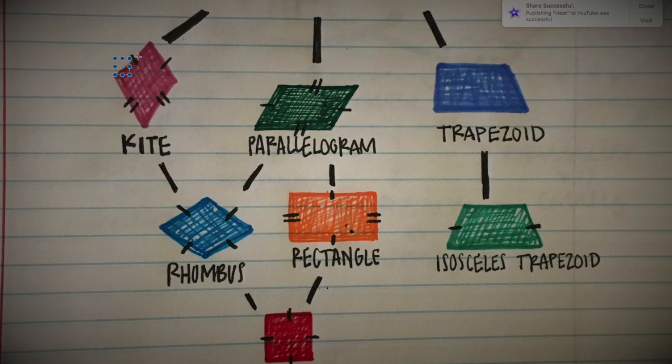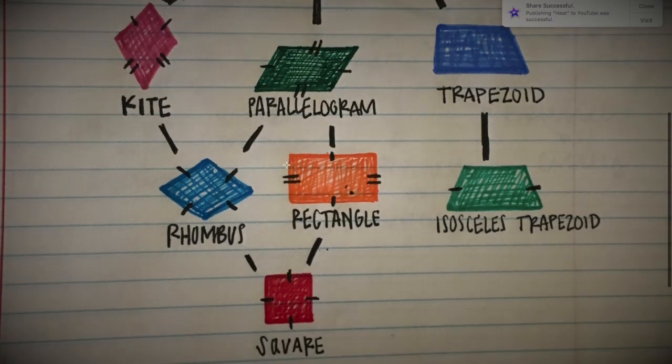So this side of a kite is the same length as this side of the kite. Now if you look here, this side of the rectangle and this side of the rectangle are not equal to one another. So that is why this is not a kite.